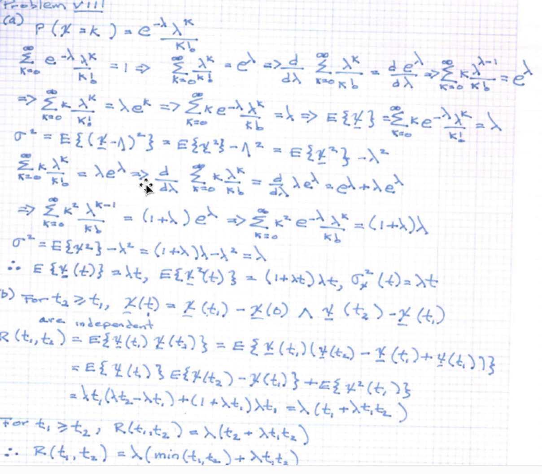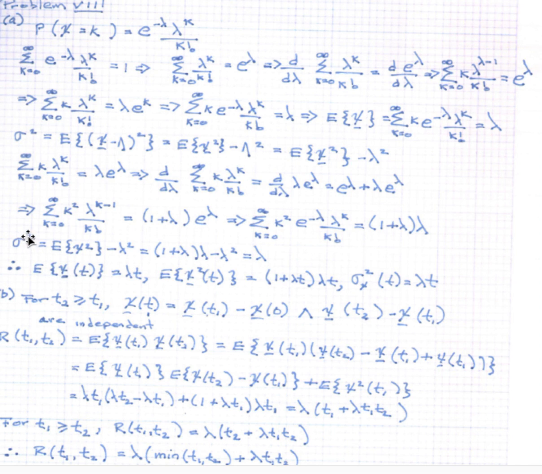This implies that taking the derivative with respect to lambda of the summation from k equals 0 to infinity of k times lambda to the k over k factorial equals the derivative with respect to lambda of lambda e to the lambda, which when broken down gives you e to the lambda plus lambda e to the lambda.